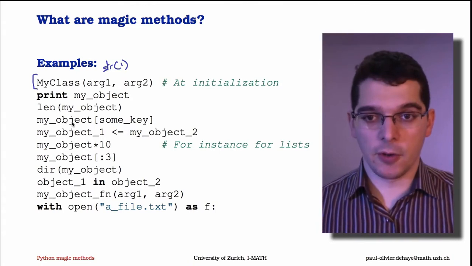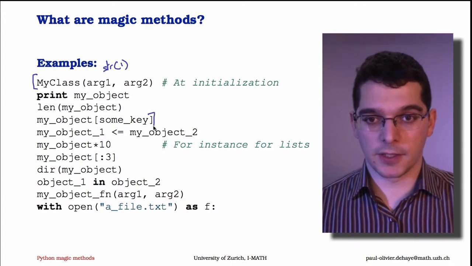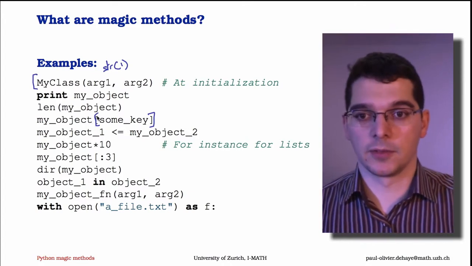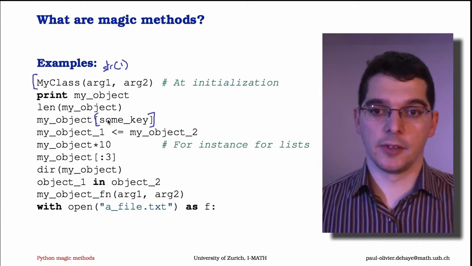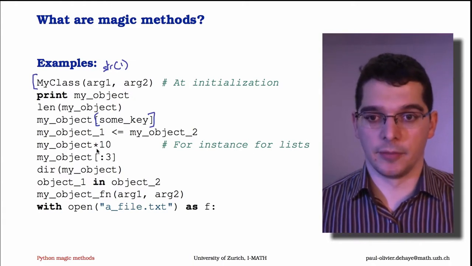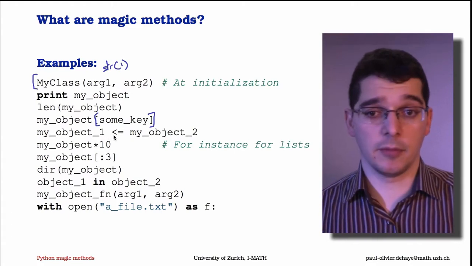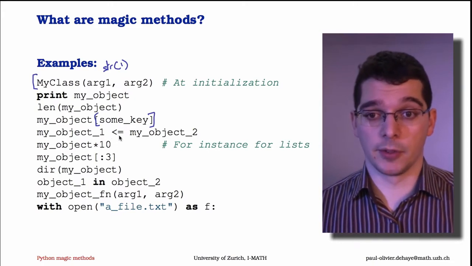You can also request, with the square brackets, some objects inside my object using a key. For instance, this works for dicts if you pass some key, some other object, and for lists if you pass an integer here. You can also compare objects of the same type or even different types, using binary operators.